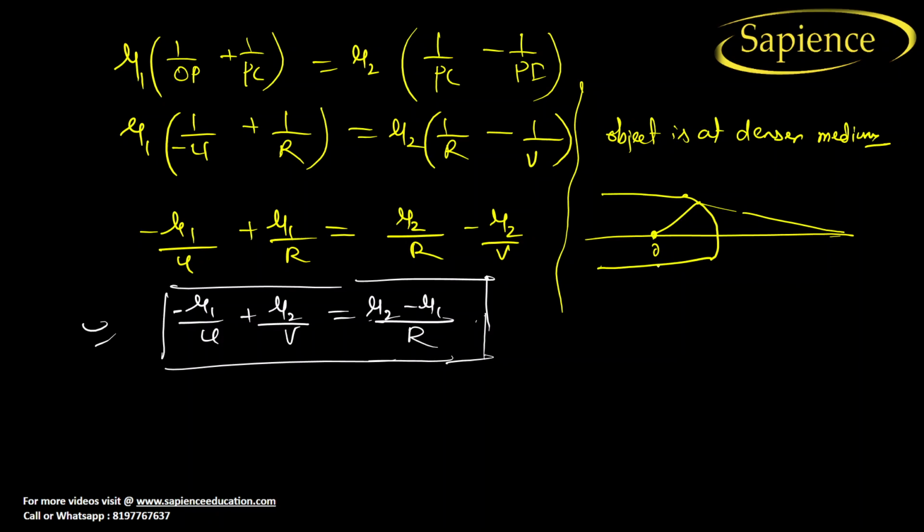When you derive all the things, you will get an expression, and you just have to interchange mu1 with mu2.